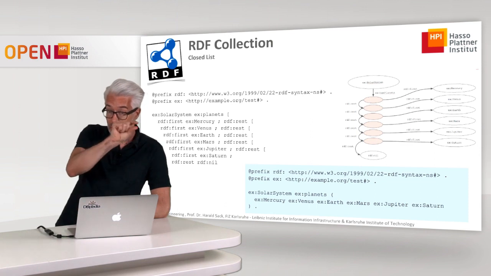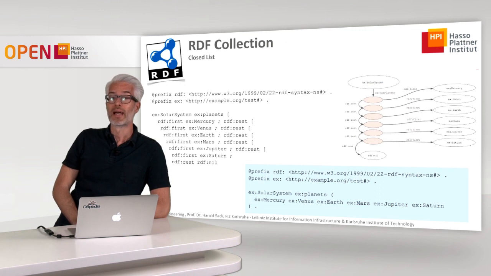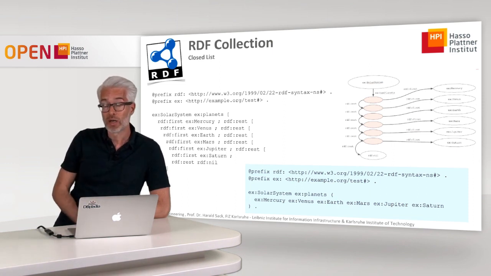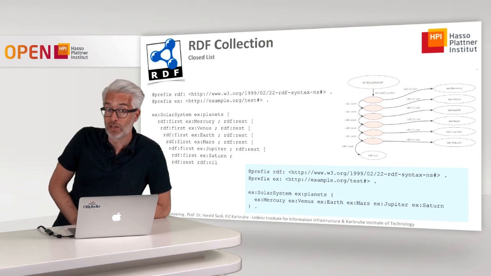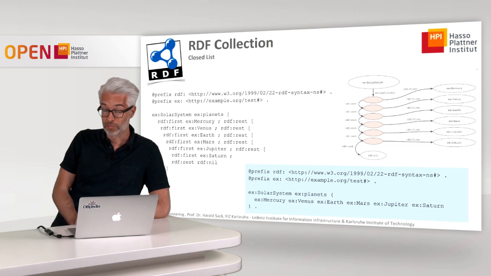Then you write all the constituents, all the parts of the collection, as a single list, separated simply by blanks, of the URIs of all the objects that are contained in that collection. Then you close your parentheses, you make a period, and that's it. And this is a rather easy way to define an RDF collection.